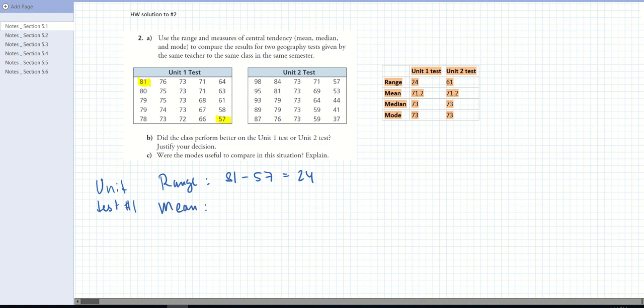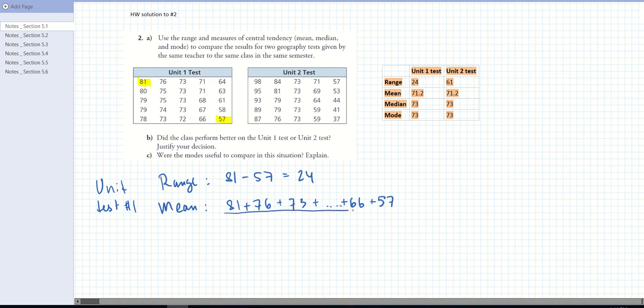Then to find the mean, which is the average, we have to add all these numbers together. These are way too many to write out here, but on the calculator you're just going to add all of these together. So 81 plus 76 plus 73 and so on, all the way down to the last two, which is plus 66 plus 57.